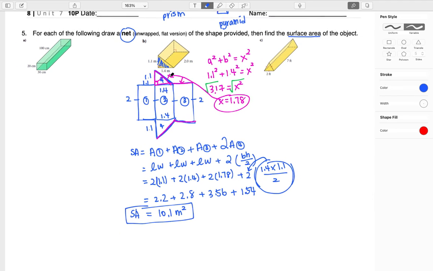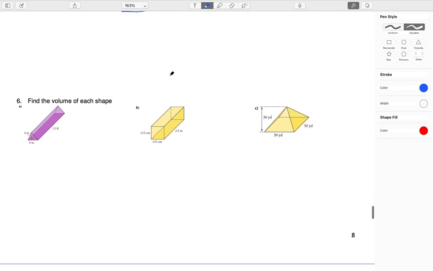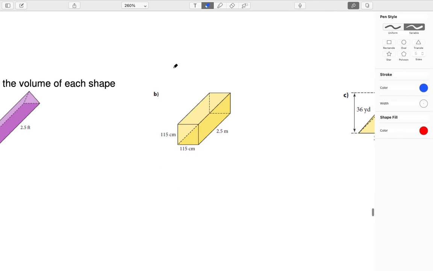Okay. Now let's try example 6. This time what we're doing is finding the volume of each shape. So let's try the volume of 6b. We're given a square base prism because it looks like this is 115 and 115.